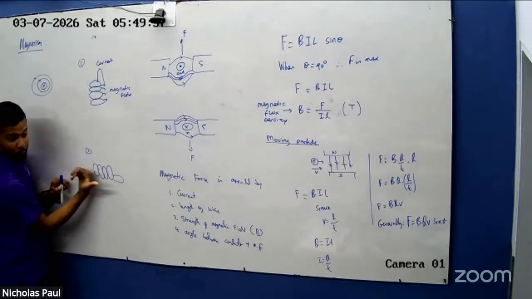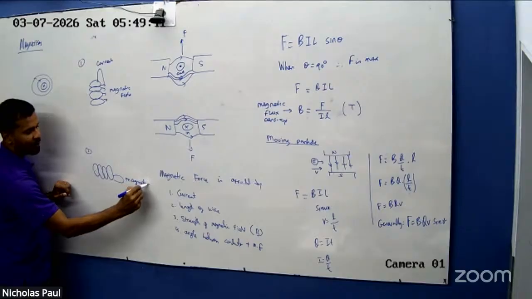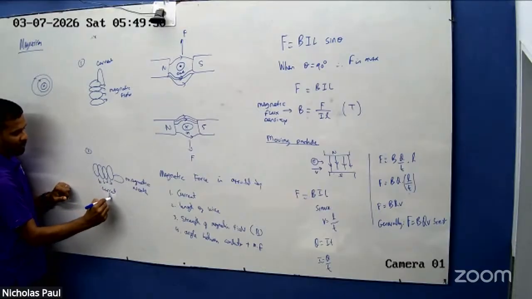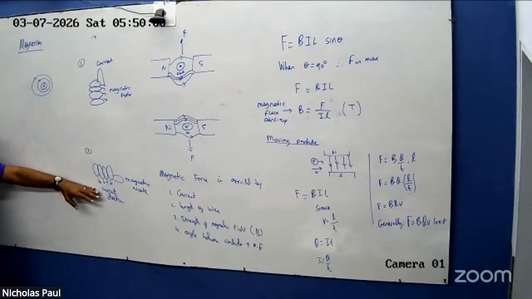Your thumb now points towards magnetic north, and your fingers point in the direction of the current. So Fleming's right hand grip rule could be used here or here.